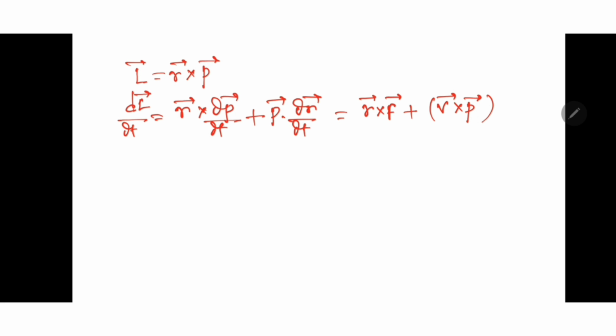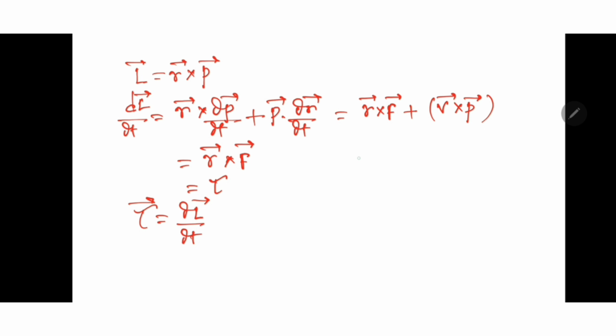As v vector is parallel to p vector, therefore this equals r cross F, and r cross F means tau. So tau equals dL/dt. This is the relationship between torque and angular momentum.